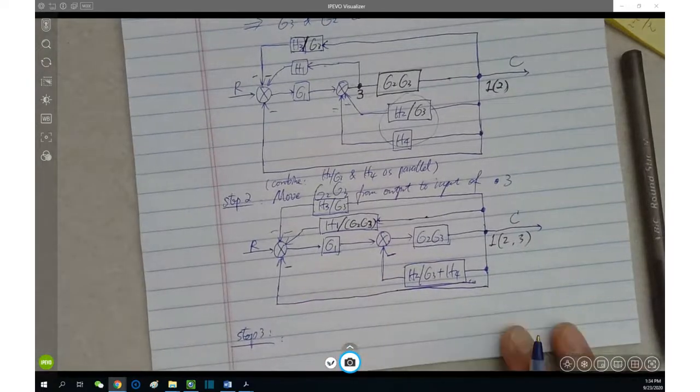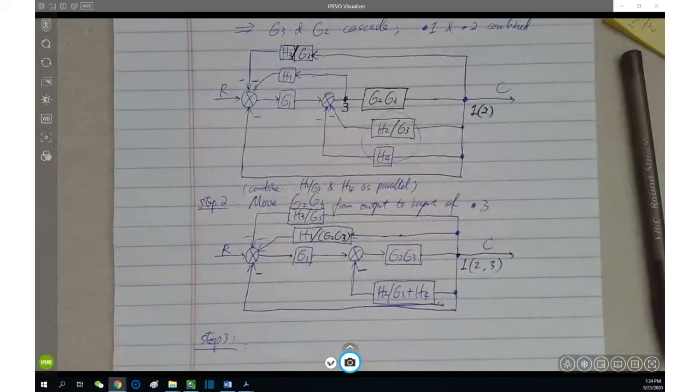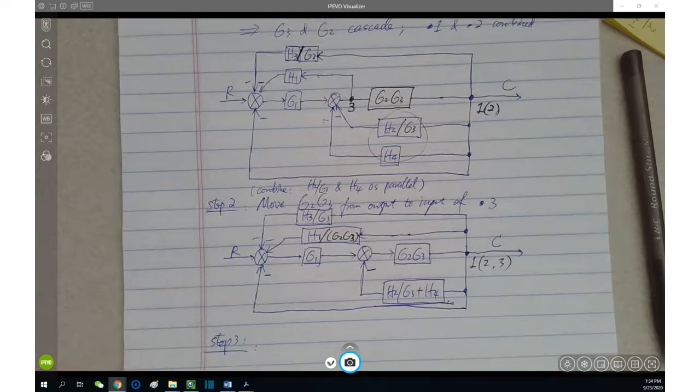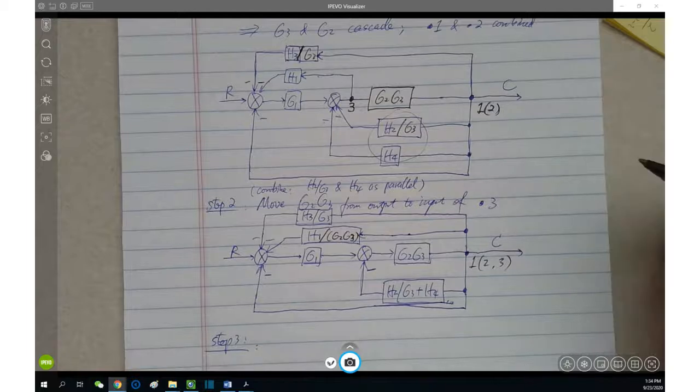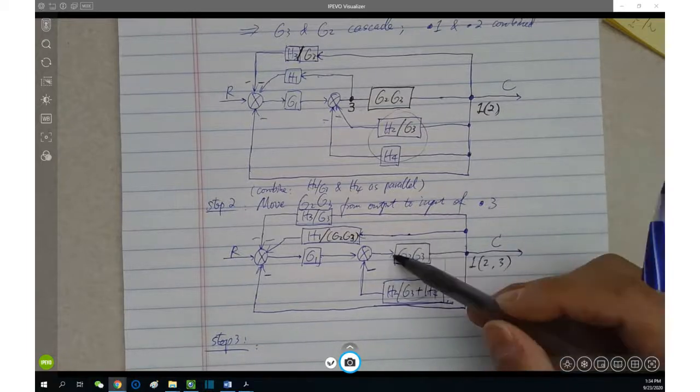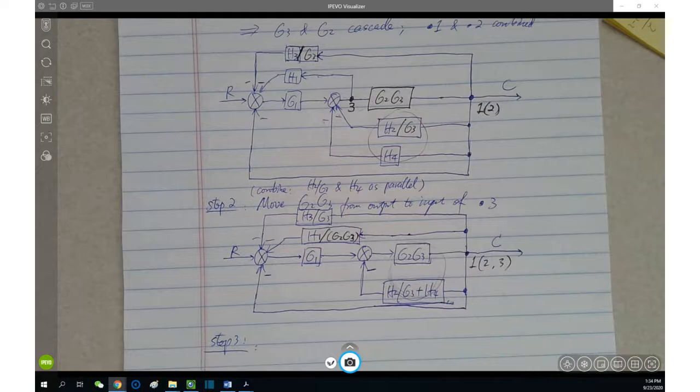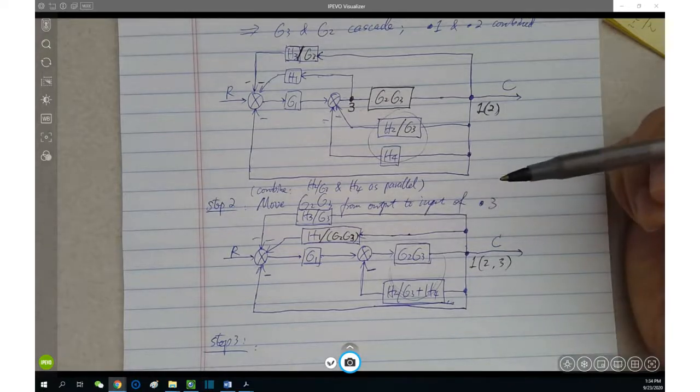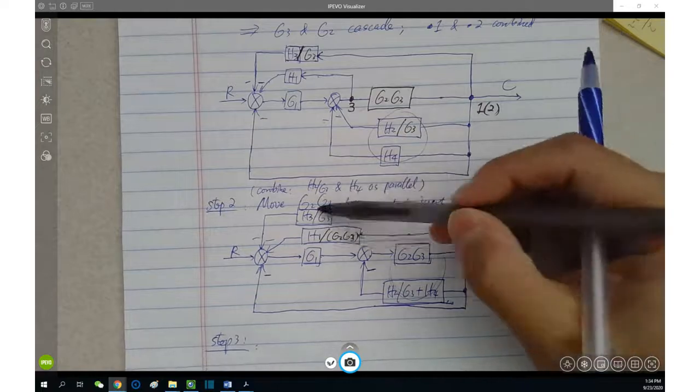Once again, after every single move, you want to immediately think of any available basic ones, right, before conducting the next move. So feedback, which feedback? G2, G3, and the H2. Yeah, this is one feedback. Now this feedback, no problem. Anything else? Parallel, the H3, G3, and H1, G2, G3 at the top. Good. These two parallel. Very good.